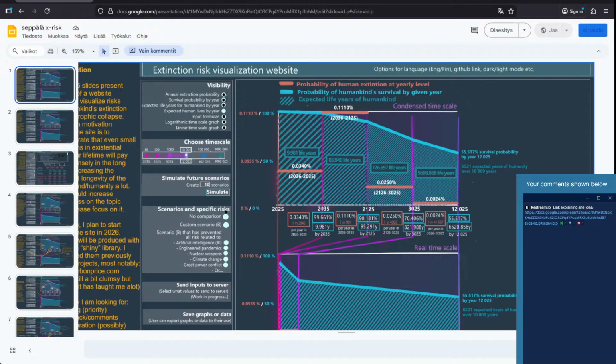It makes these scales easier to understand.